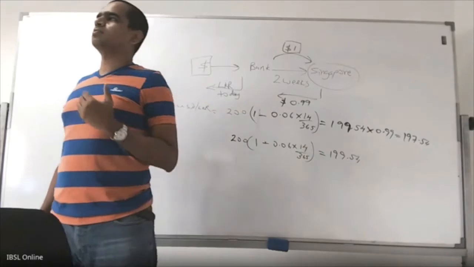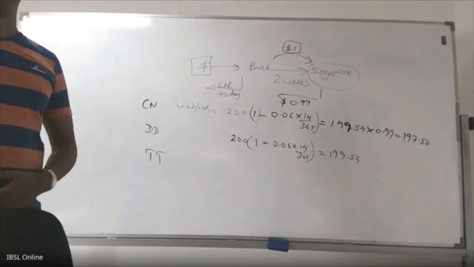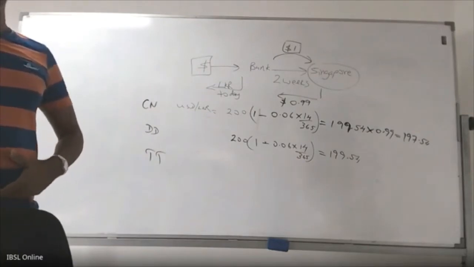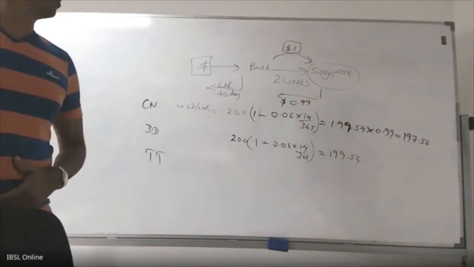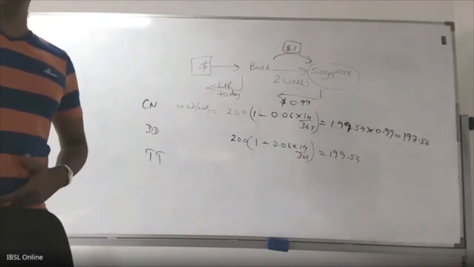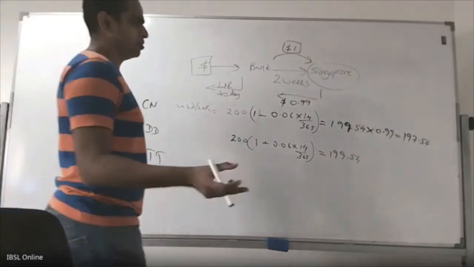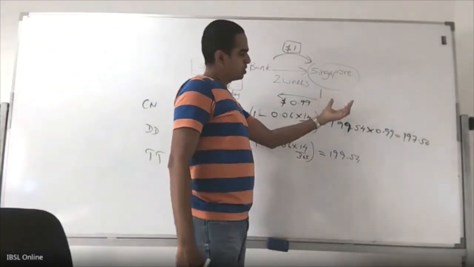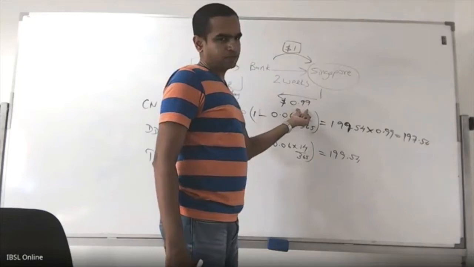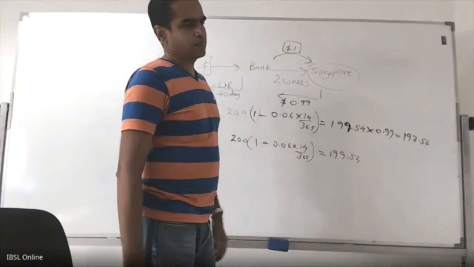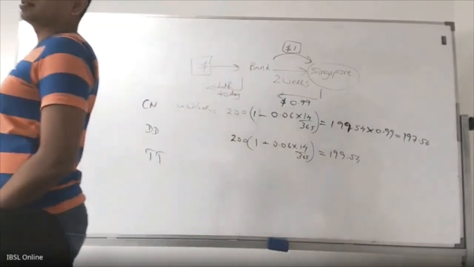So when the Singapore bank sends it to the US, again there are additional costs, maybe air freight or insurance, storage, all that comes into play. So you don't get 100% of the collection. There is a margin. The cost that the Singapore bank has to incur is being charged as a small discount to the dollar. That is why you don't get the full $1 when you remit.